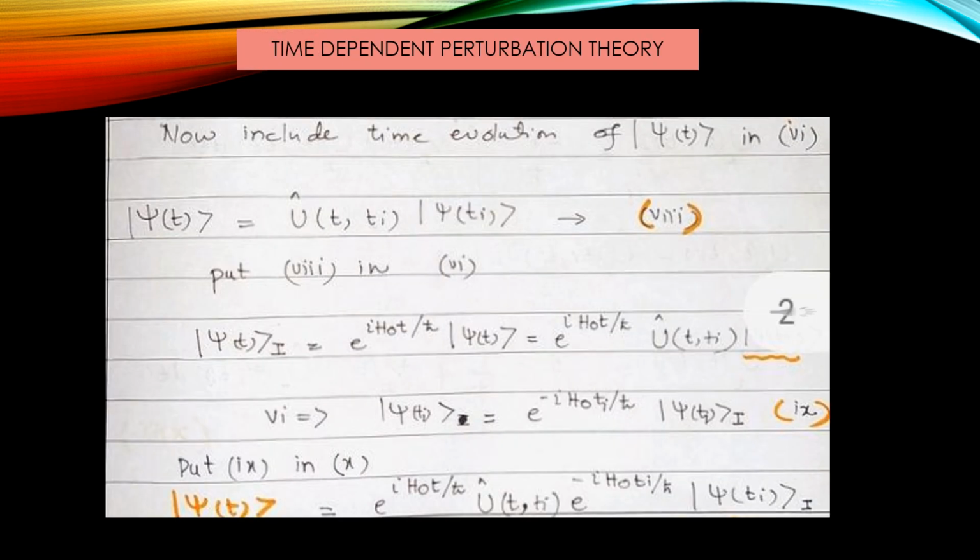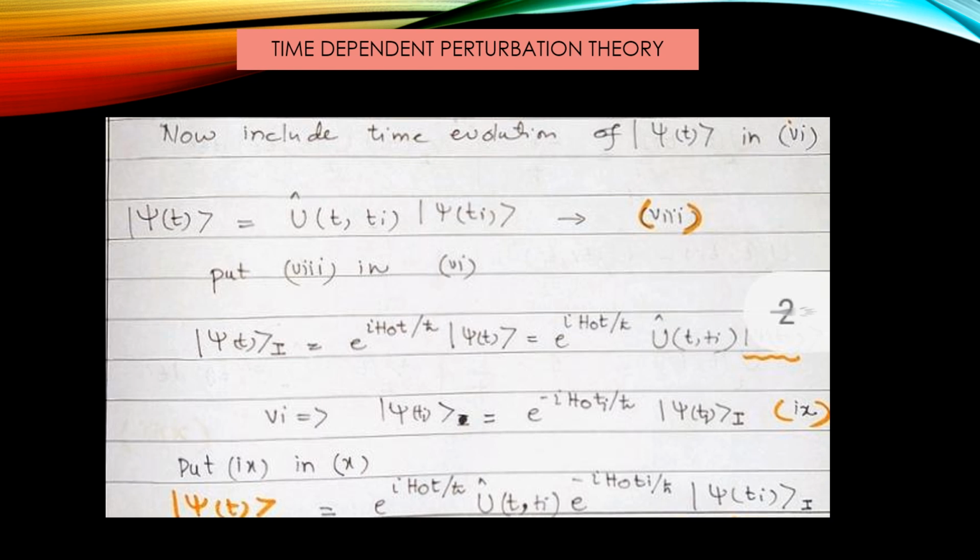Equation 8 shows the time evolution of the state vector psi t from the initial state vector. The initial time is shown with t i. U of t comma t i is the time evolution operator from initial time t i to final time t.